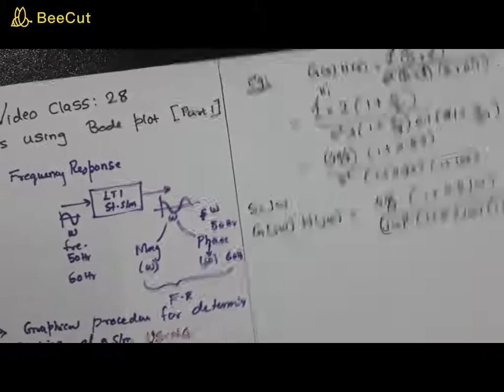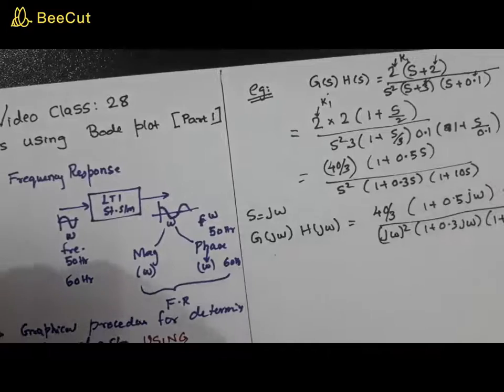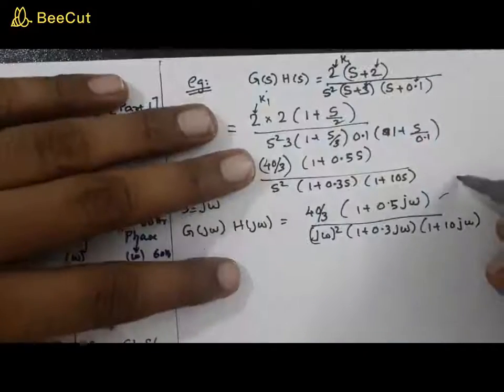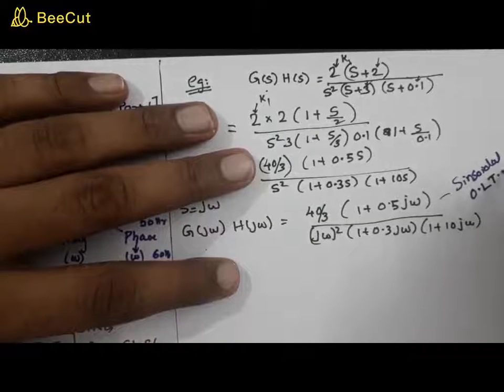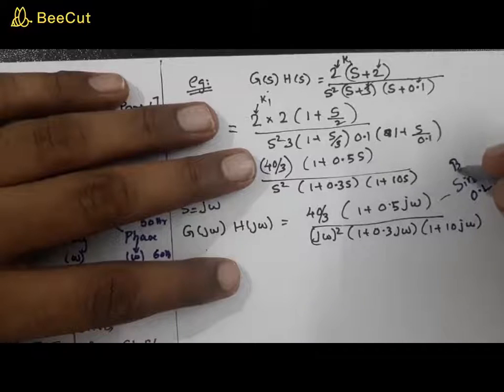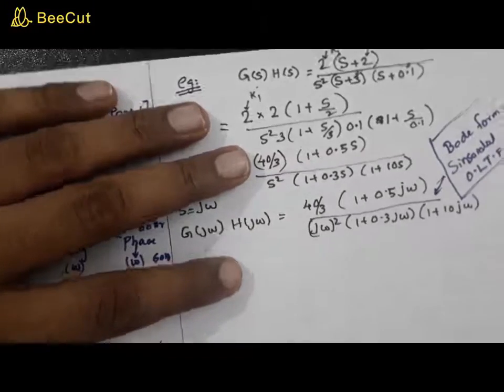Is it clear? This is what is called the sinusoidal open loop transfer function. To be precise, it is the Bode form of the sinusoidal open loop transfer function.